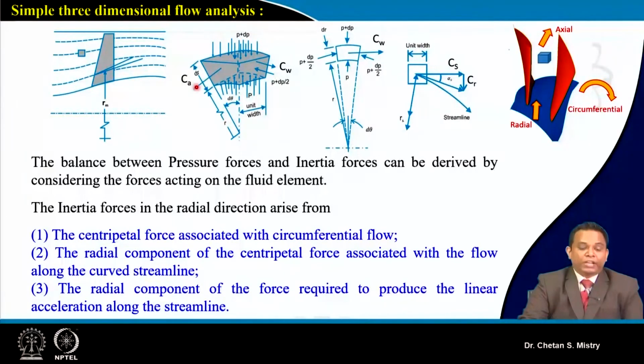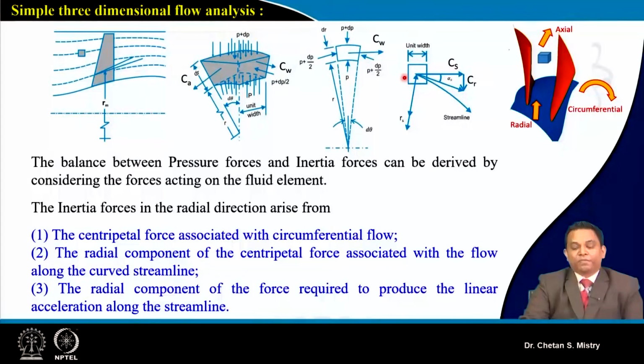Now as we have seen, this represents my axial velocity component in the axial direction, and we will have one more component in the circumferential direction, that's my whirl component, C_W. If I consider a unit width configuration, the tangential or whirl velocity component can be represented here.